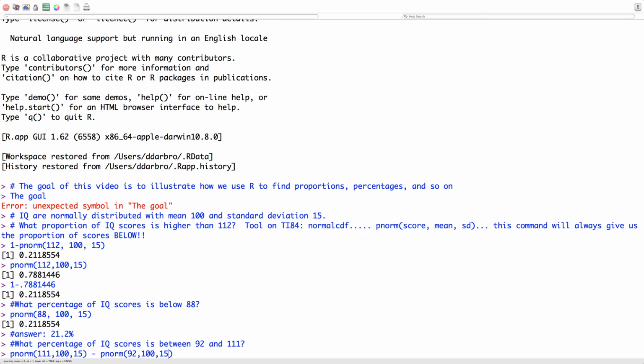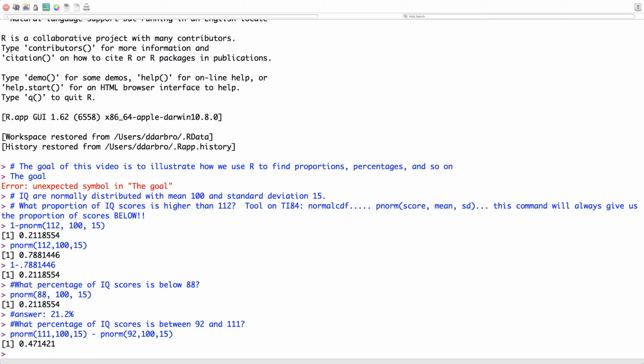If you want a visual on this, I really encourage you to take a piece of paper and sketch out a normal distribution. It doesn't have to be a pretty one. Just approximate where 92 is and where 111 is. Visualize the area completely to the left of 111, and then subtract the area to the left of 92 and see what you get.